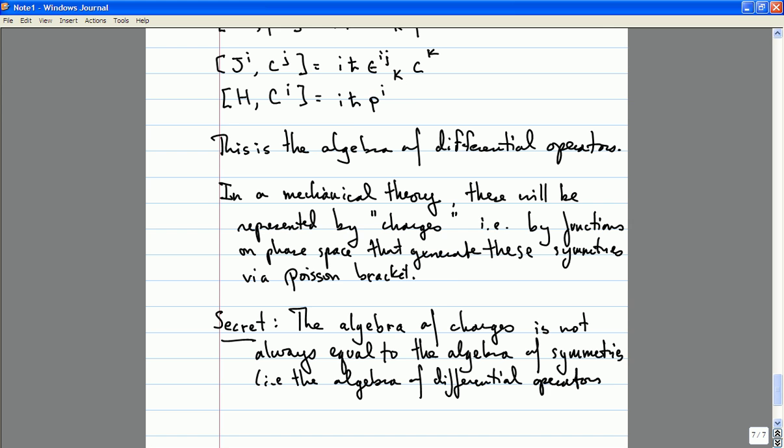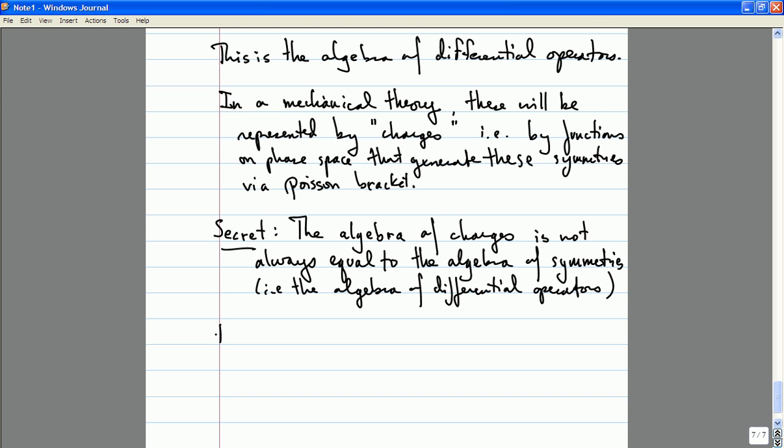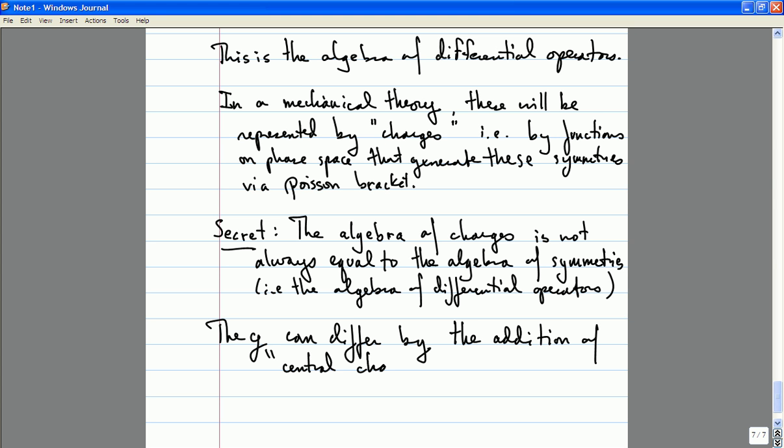In particular, they can differ by what are known as central charges. So what is a central charge?